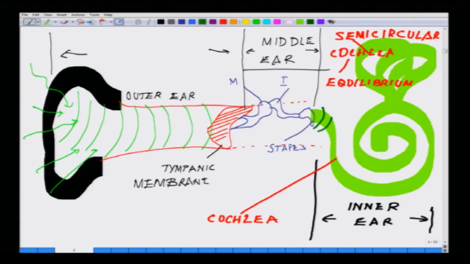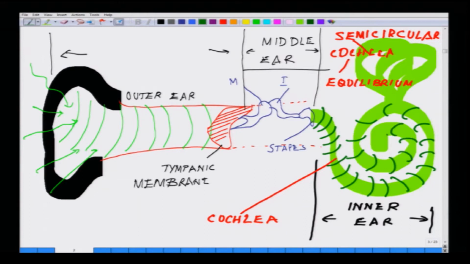So, basically the sound wave travels along this, and at different zones it is perceived at different levels. So, this is essentially the overall architecture of the ear, how it looks like.